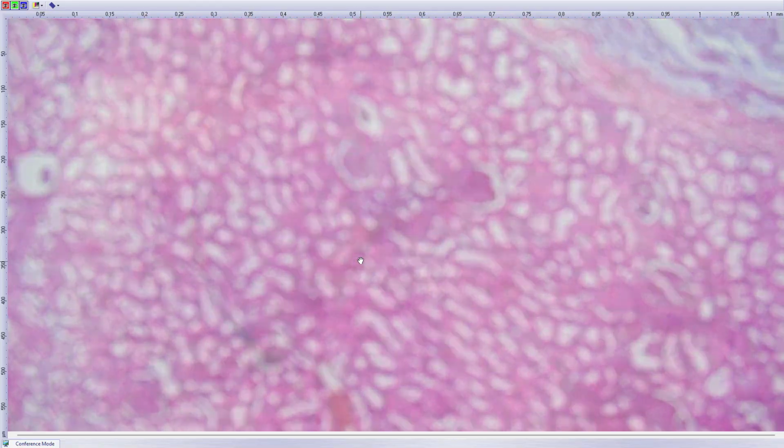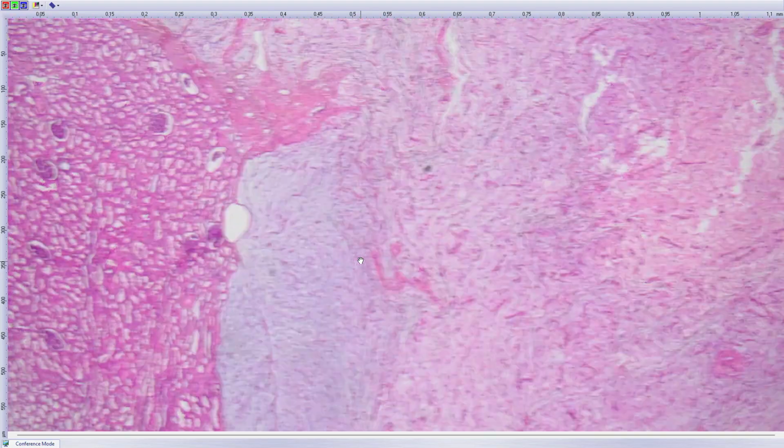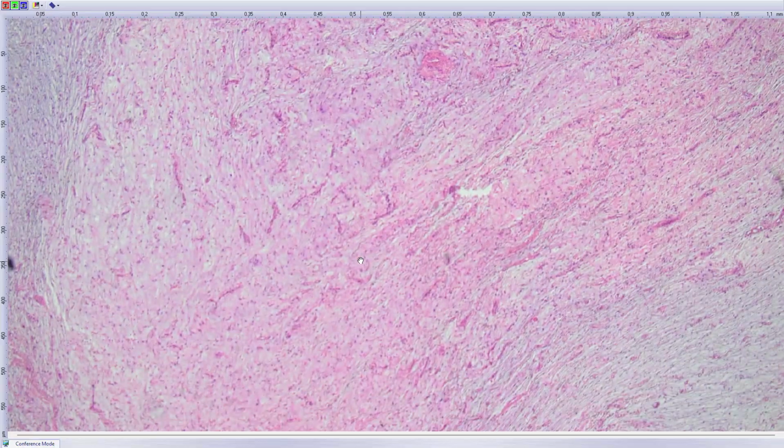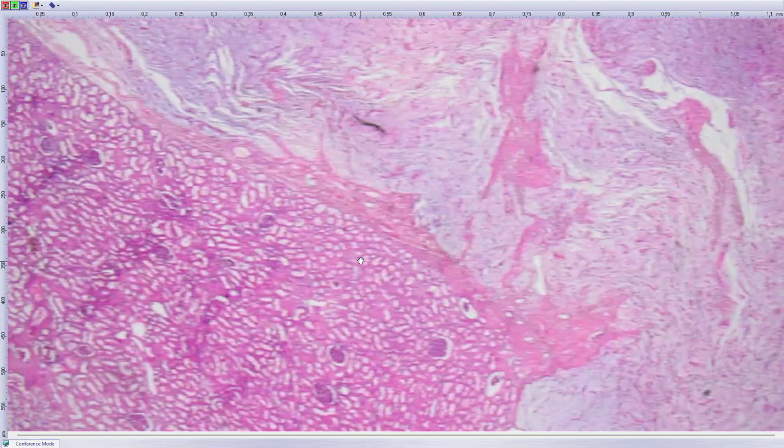You see, it was a huge tumor of the retroperitoneum. It weighed 2 kilograms, and you see the tumor doesn't grow into the kidney.